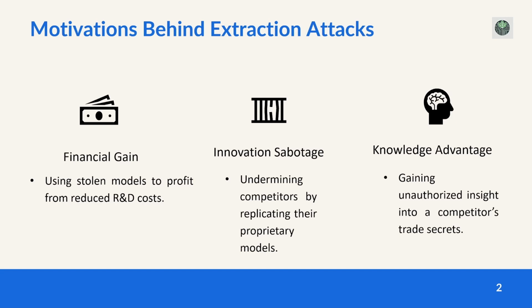Companies are investing significantly into AI development, and attackers can bypass this investment by stealing their models, gaining the same benefits without the research costs. There's also the desire to reduce costs, as it's much cheaper to steal or replicate a model than to develop it from scratch. Finally, attackers are motivated by a broader goal of diminishing the effectiveness of competitors' innovations.